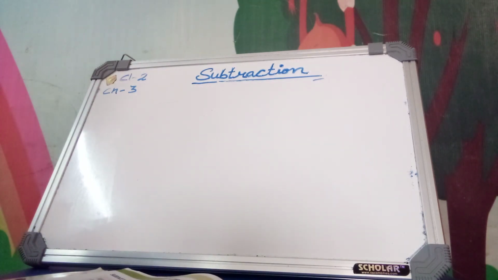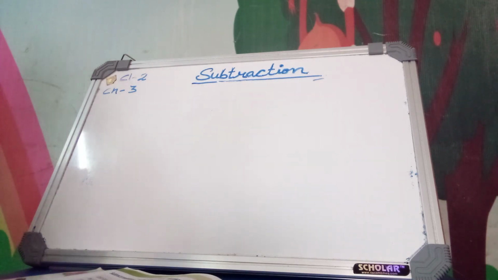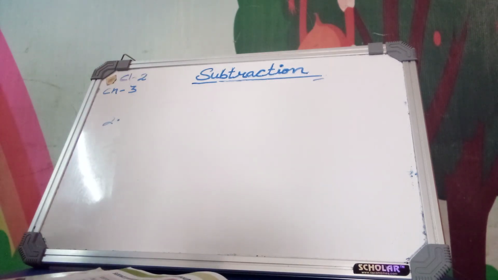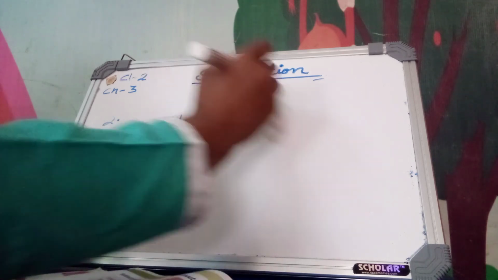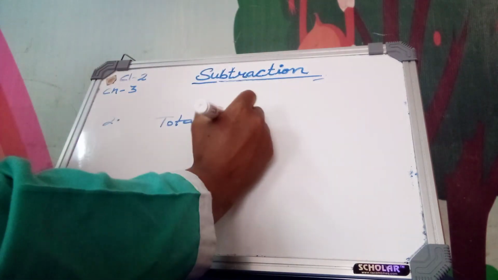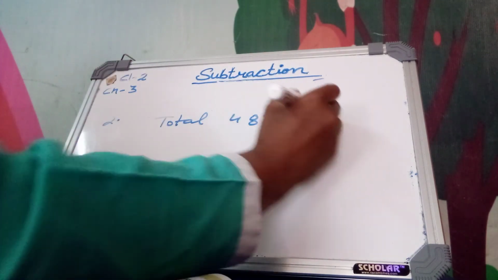A school hall has 487 seats. At a show, 371 people were seated. How many seats were vacant? Total seats 487.